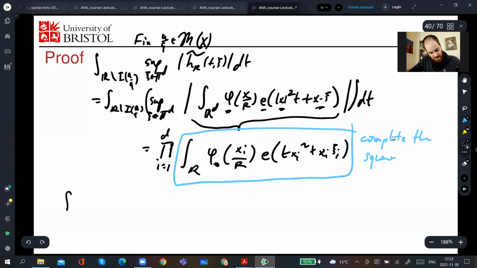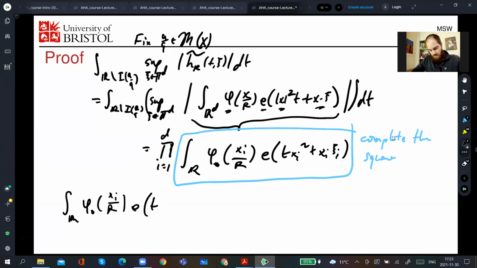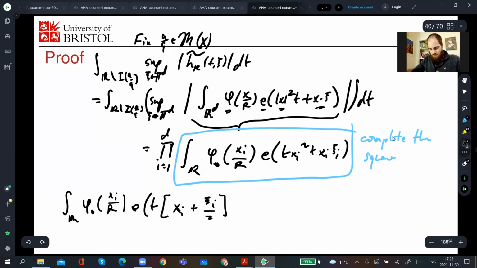This gives us the integral over R of phi naught xi over r of e of t, now it's a little bit tricky to write, but this will be xi plus, I would like to just say c_i over 2, squared. But that's not quite right because there's no factor of t inside of here.